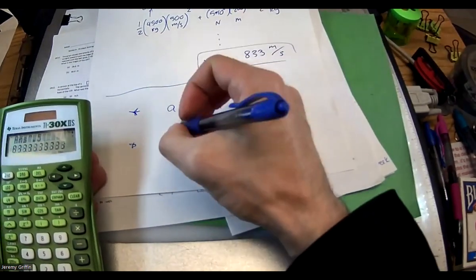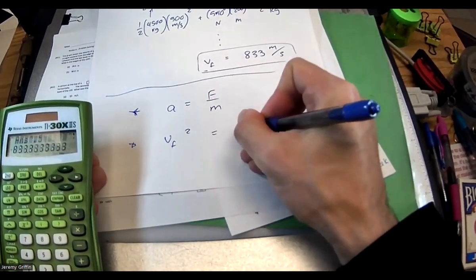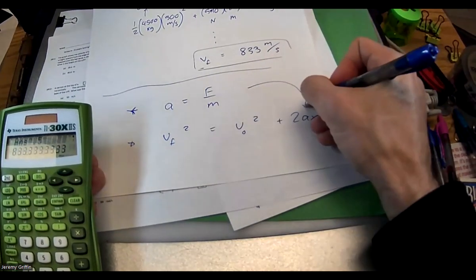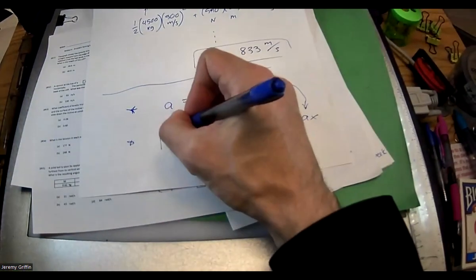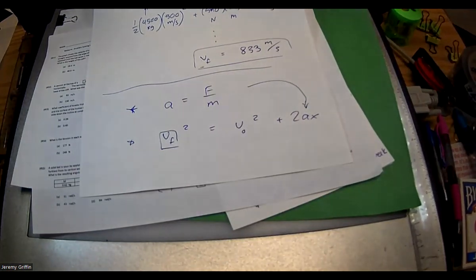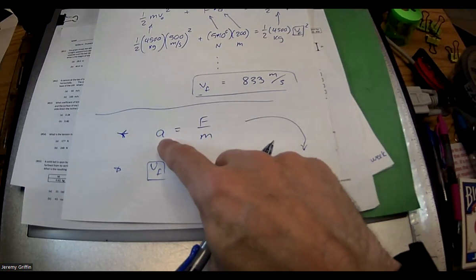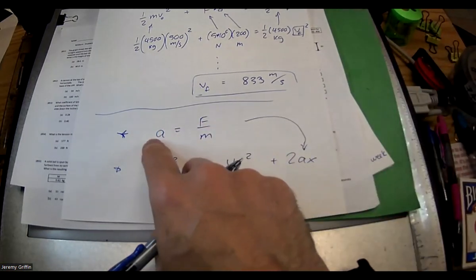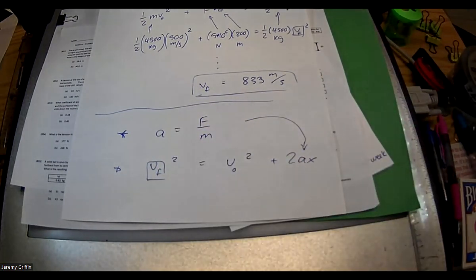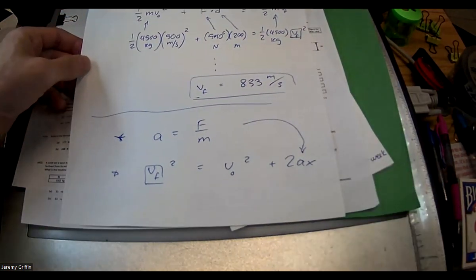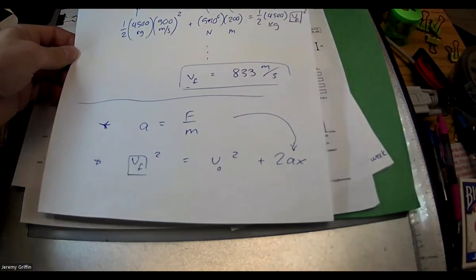And step 2 would have been v final squared equals v naught squared plus 2ax. And then that feeds in right there. And then you can solve for it that way. It gets you the same answer. I went back and double checked this way too. I think the numbers I came up with, it's like ridiculous acceleration. So I don't know how realistic exactly that is, but in terms of the physics, it matches. Okay. All right, that's good.